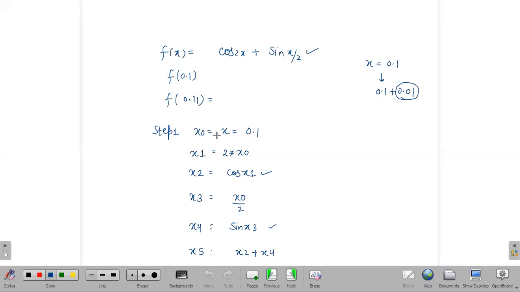Means if I'm doing a small change here, that will produce a small change in the output. And again, if I'm taking a small change in the input, again it should produce a small change in the output. Again, this should follow here also. Here means at each step it should be satisfied. Then you will say the algorithm will be stable.